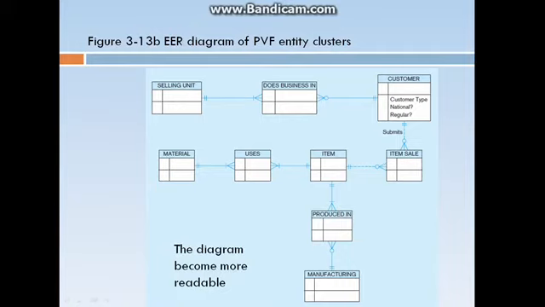Because we turn complex entities into clusters, it makes the diagram more readable. It is left with just the selling unit cluster, customer cluster, item sale cluster, item cluster, material cluster, and manufacturing cluster. It's more simple.